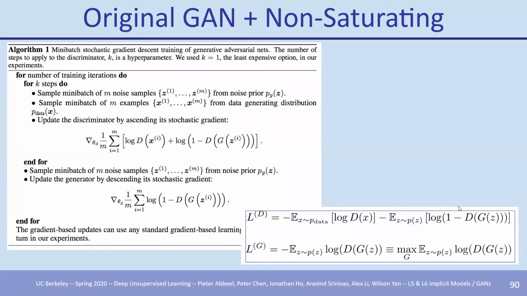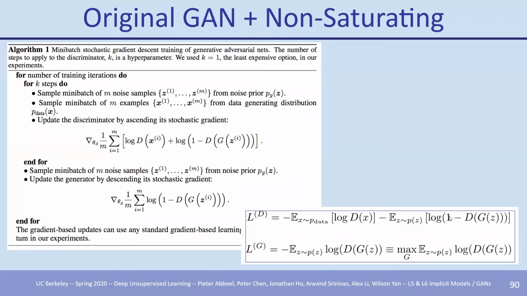And then we made a small change from the original one, so that the discriminator is still doing the same thing, but the generator is now doing, instead of 1 minus D, just the negative of log of D of G of Z. So this was to prevent the saturation last time.